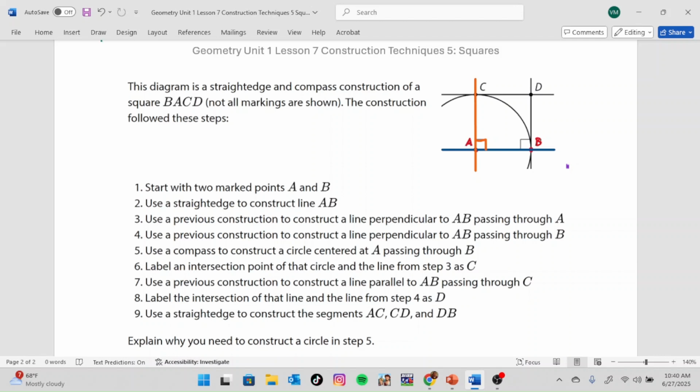Step number 4. Use a previous construction to construct a line perpendicular to AB passing through B. So they drew this vertical line on the right side that goes through point B.